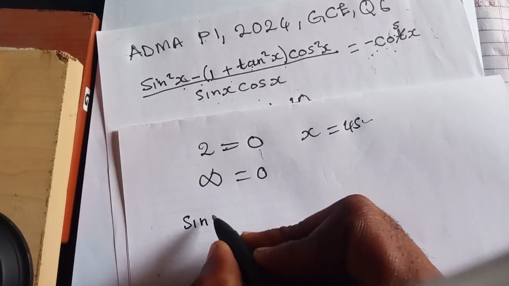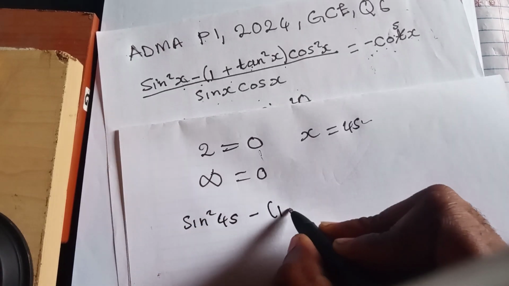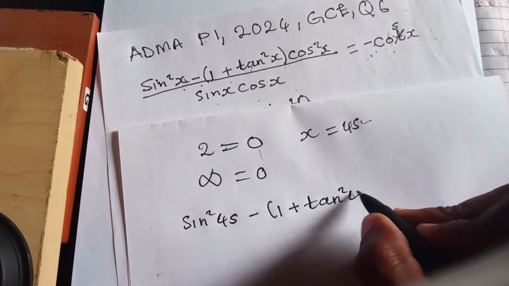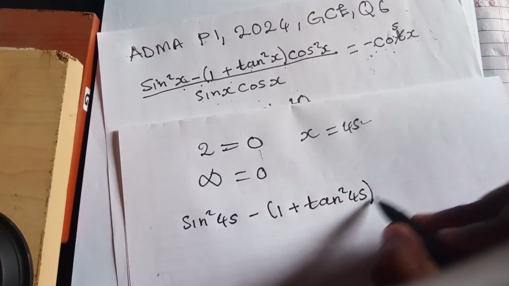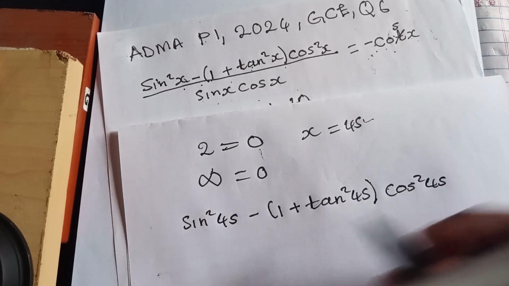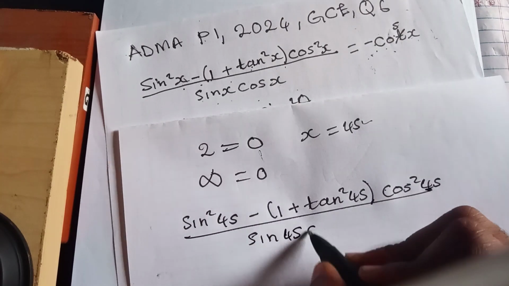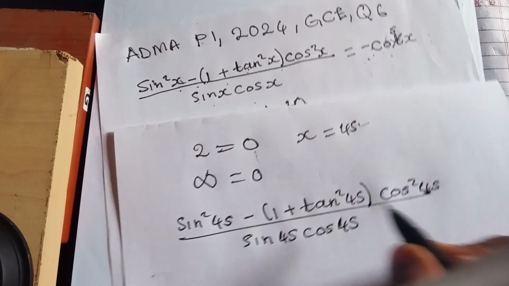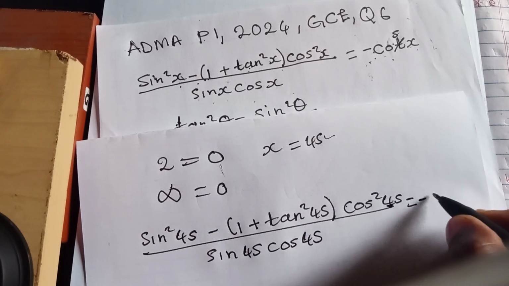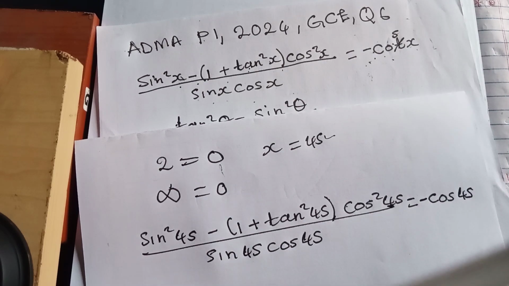So we can have sin²45 − 1 + tan²45 cos²45, everything over sin 45 cos 45, and then according to the paper this was equal to negative cos 45.